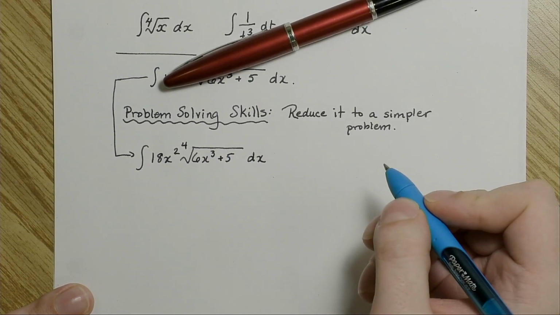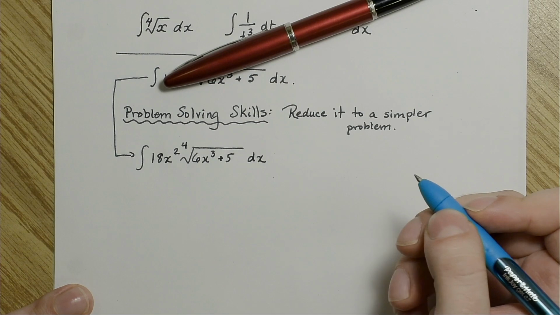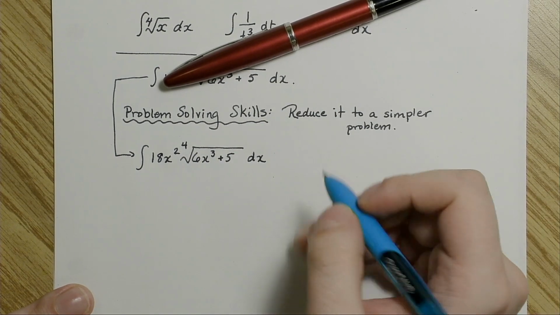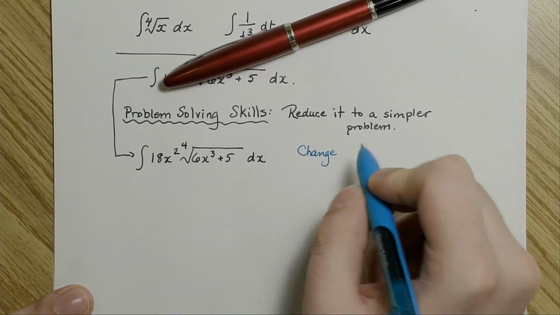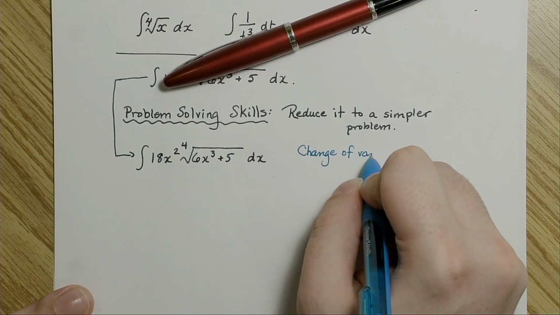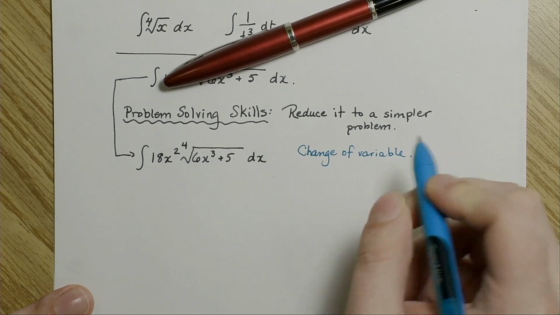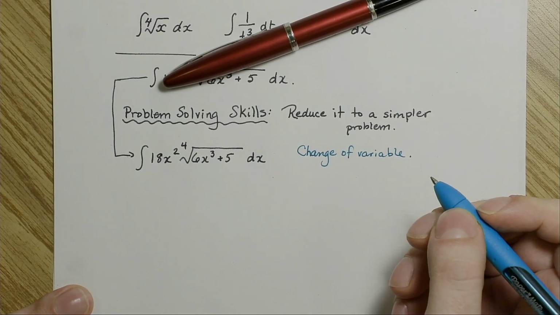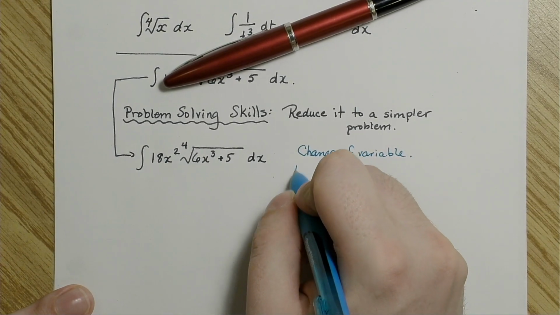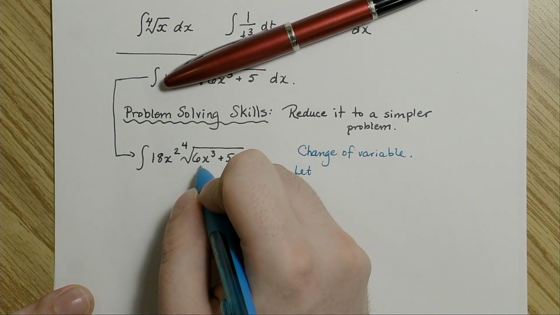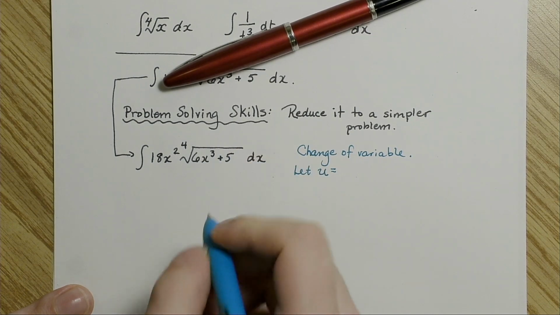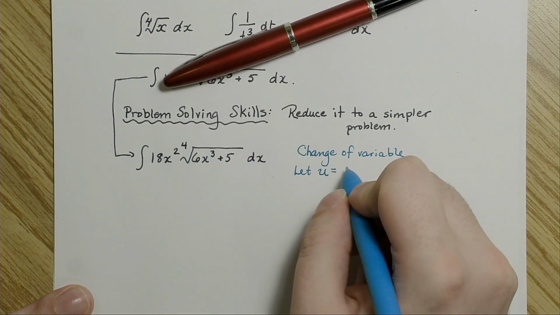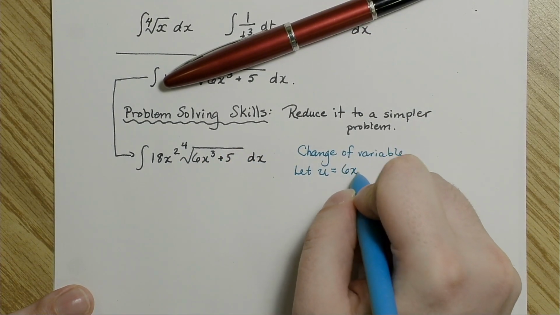So we basically just do a change of variable, that's what they call it, or a substitution. Instead of using x, we'll use u, and I'm just going to let u equal what's inside of that.